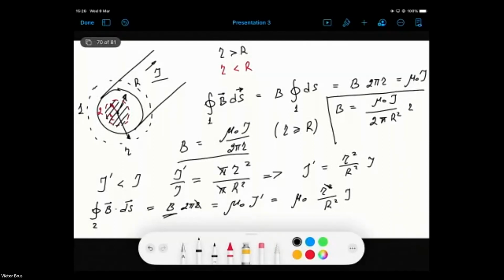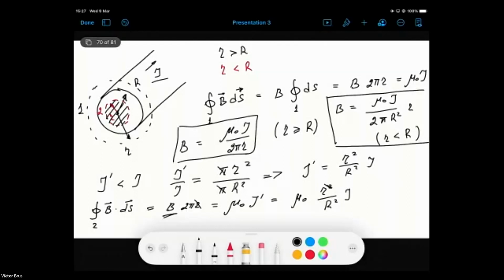And this is valid for the case when r is smaller than radius of the cross section of this wire. So this is equation which describes magnetic field dependence on radius, on position with respect to the origin, like center of this wire, inside the wire. And the previous equation is valid when we consider space around the wire, which is outside the wire.